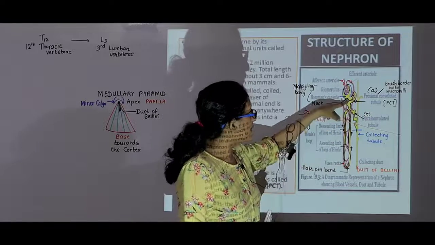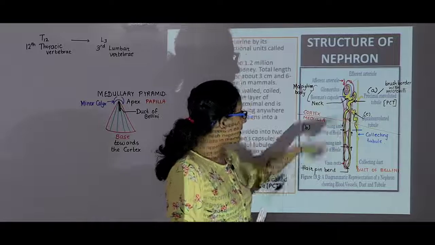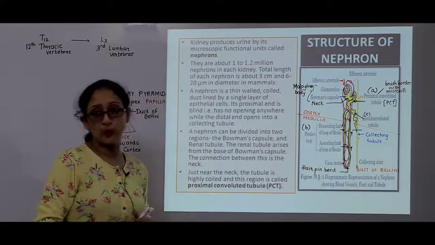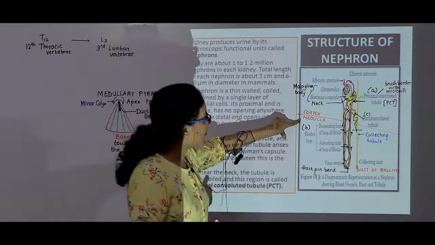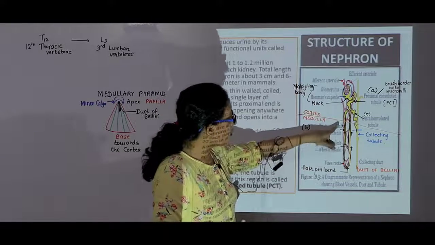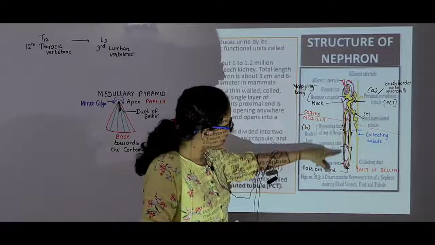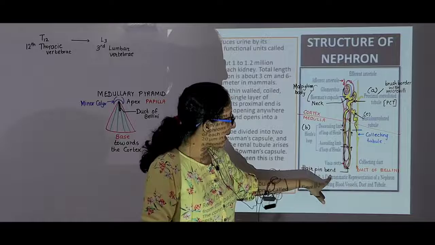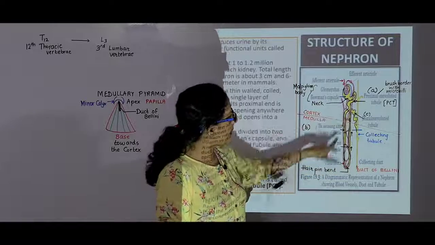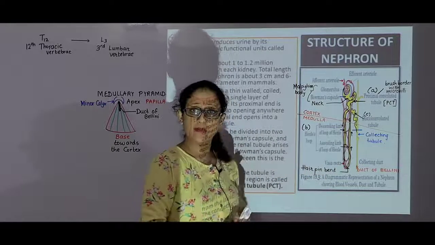From the proximal convoluted tubule, it now enters into the Henle's loop. The Henle's loop lies in the medulla. This Henle's loop has the first part, the descending limb. Next is the turn, the hairpin bend, and the part which comes above is the ascending limb.